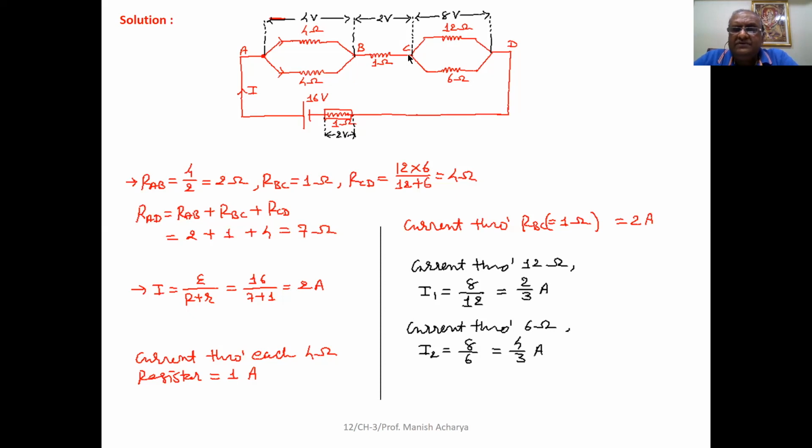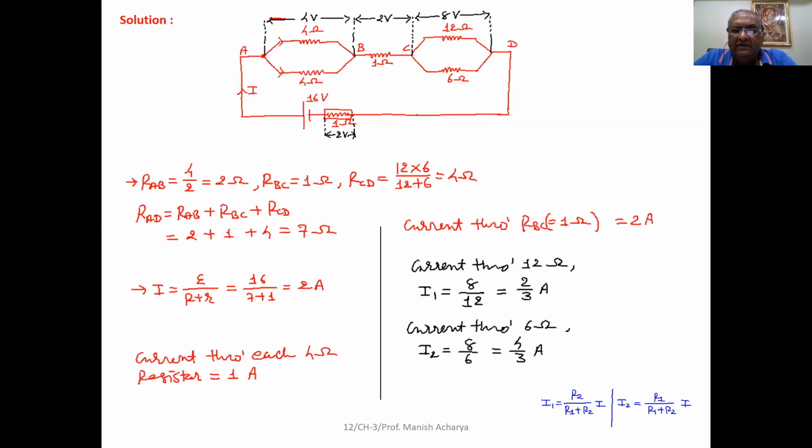But suppose the potential drop across this combination is not known, but the total current here, that is 2 ampere, is known. Then how will this total current be distributed in both the resistors?